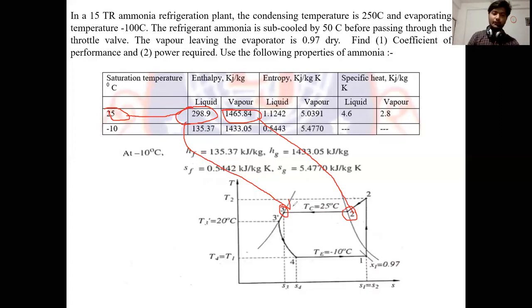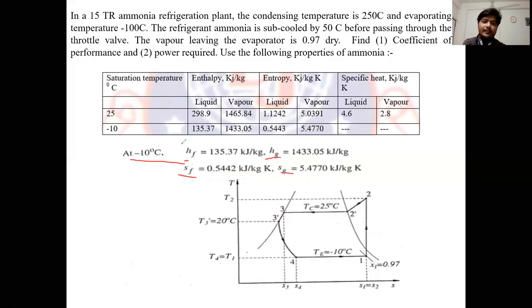Hg2, HF2. Okay, and the entropy corresponding to this one. Now, corresponding to minus 10 degrees, the data is here. Now HF, Hg, SF, Sg corresponding to minus 10 degrees.